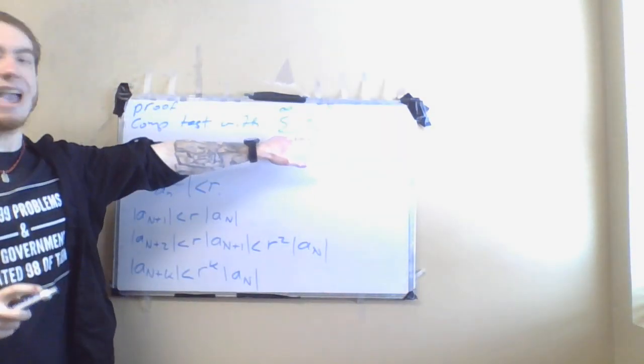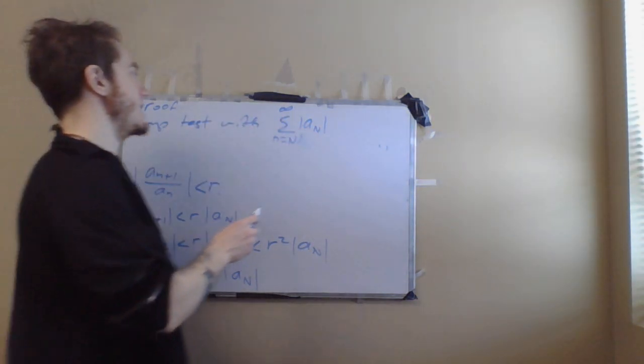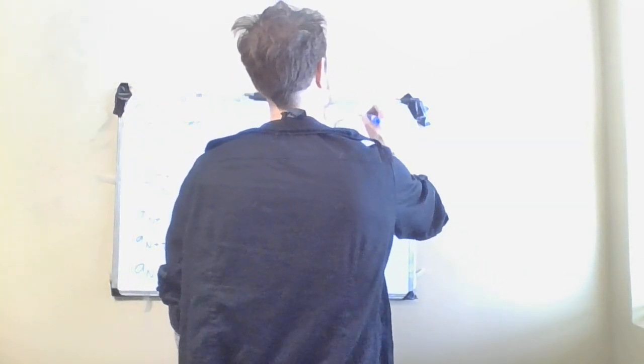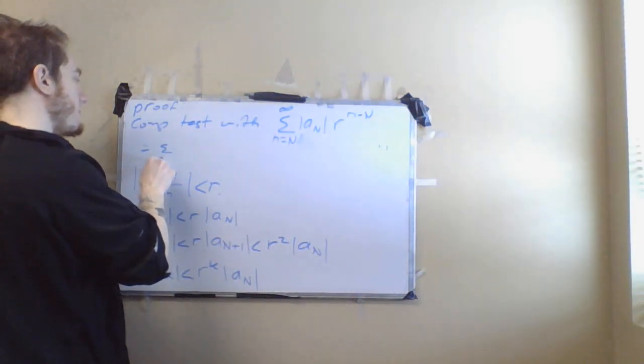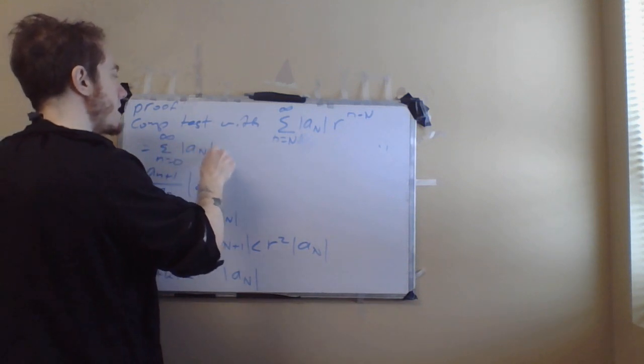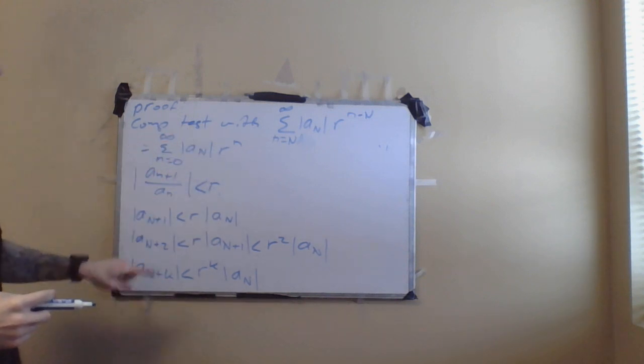Notice this capital N is now just a fixed number. It is this particular term in the series. And then we're going to have r to the, I want to make sure that I've got this written down correctly, r to the capital N minus lowercase n. Well, this is the same as the sum from n equals 0 to infinity of the absolute value of a sub N times r to the n. I've just rescaled my index here.